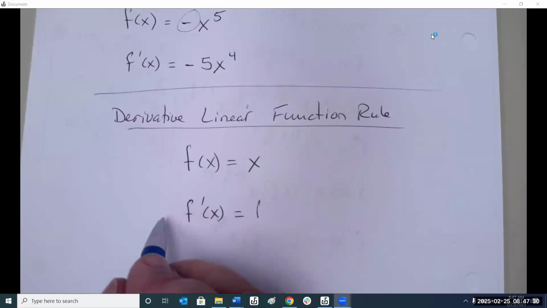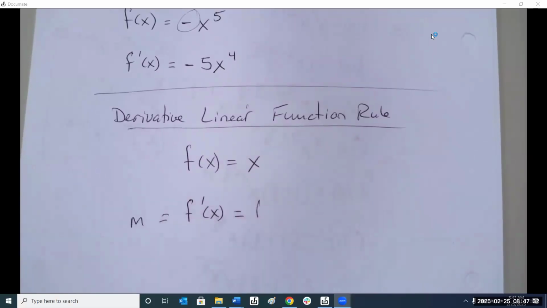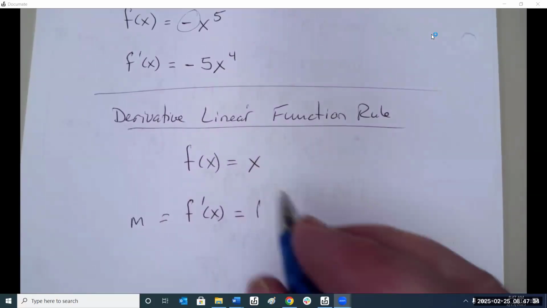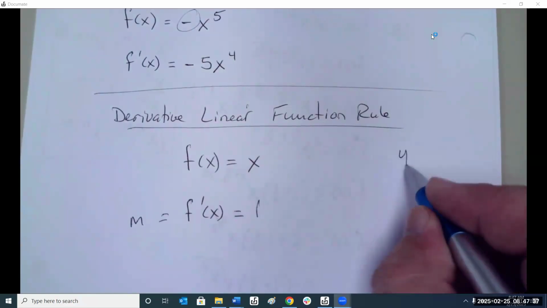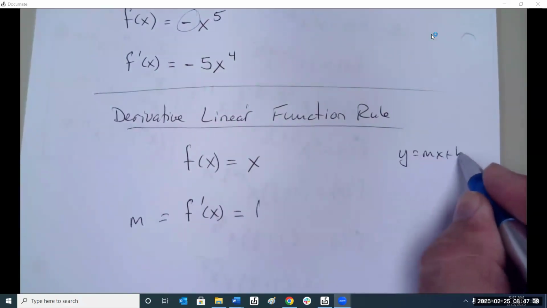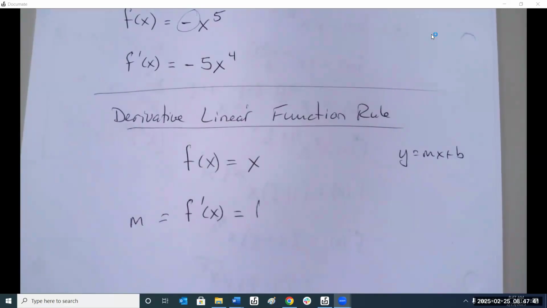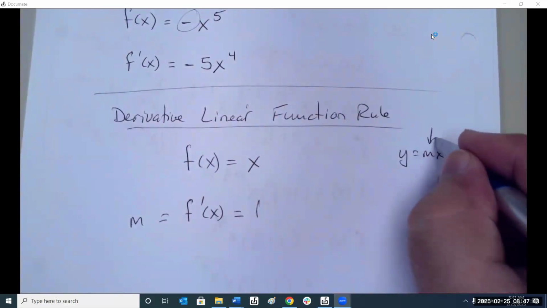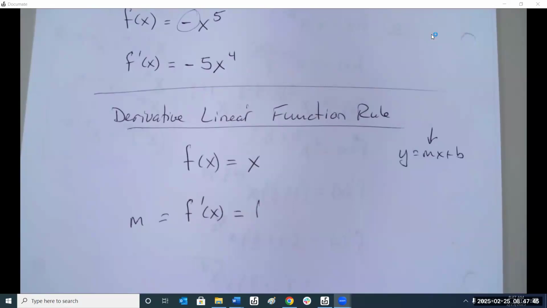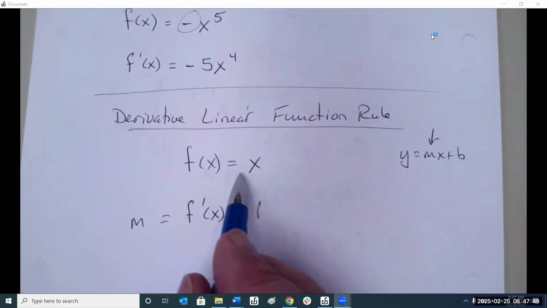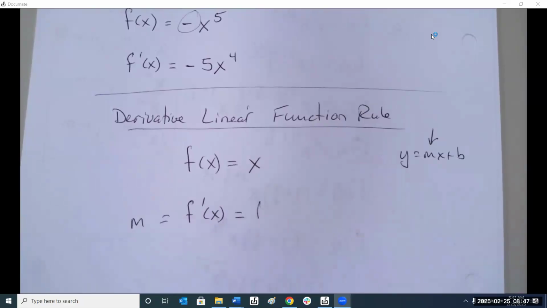The derivative is the slope. Remember, this is a linear equation. Y equals mx plus b. What number is in front of the x? The slope. So whatever number is in front of the x, that's your slope.